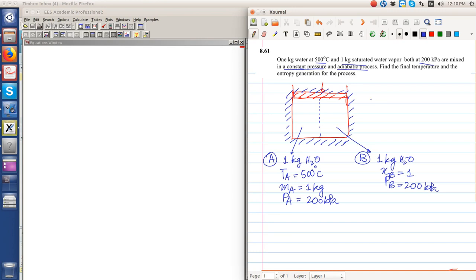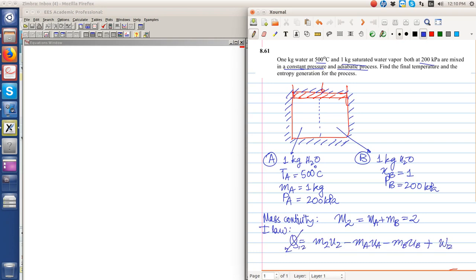From mass continuity, after mixing, state 2 will have MA plus MB equal to 2 kg. The first law is as follows: Q equal to M2U2 minus MAUA minus MBUB plus W12.